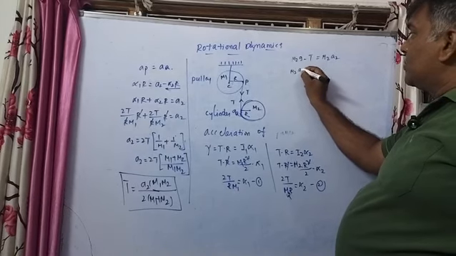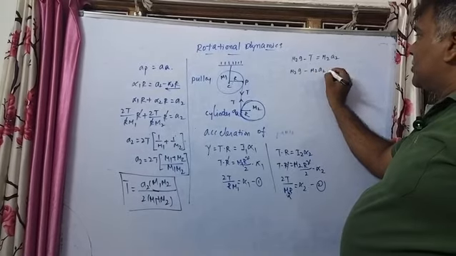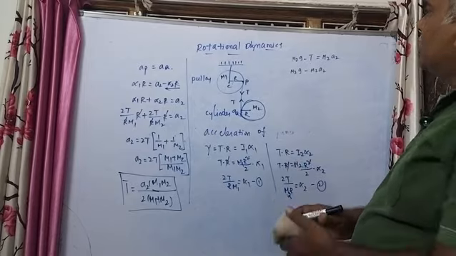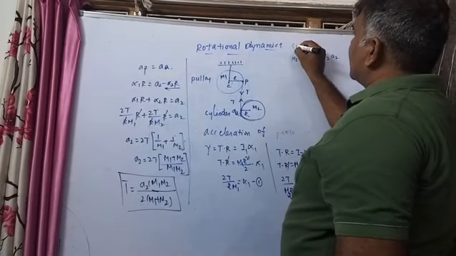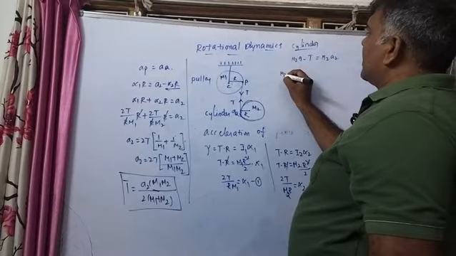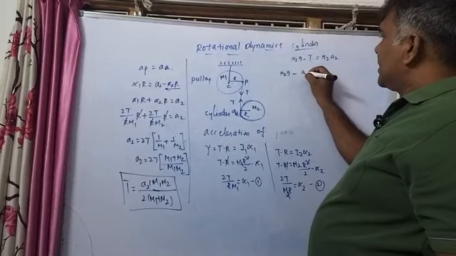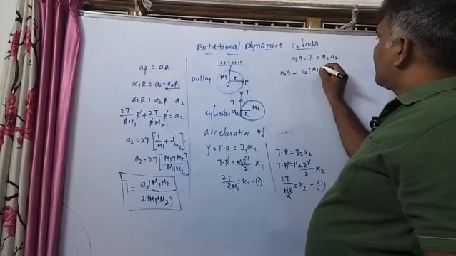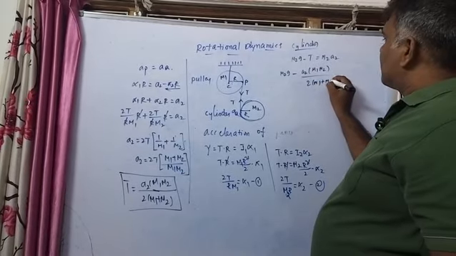So M2 into g minus M2 into A2. We simply substitute the tension T about this cylinder. The T value is substituted: M2 into G minus A2 into M1 into M2 divided by 2 into M1 plus M2.